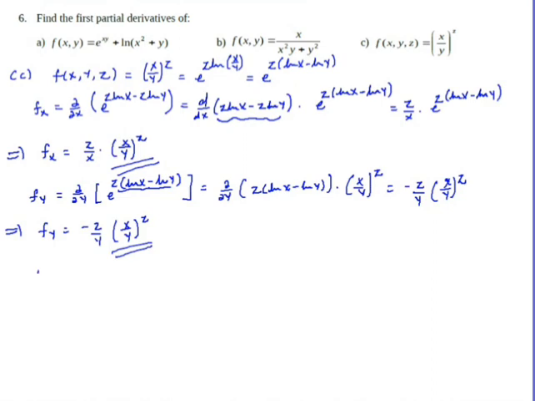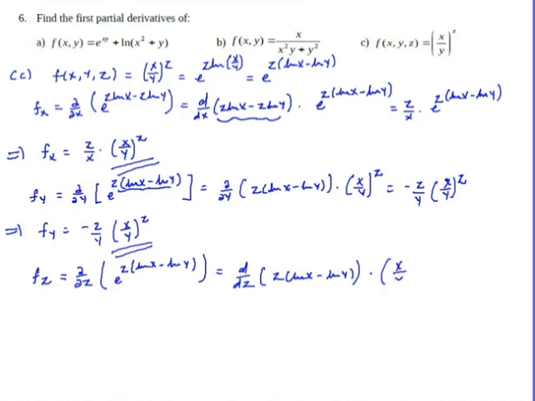The last is fz, the partial derivative of f with respect to z. So we take the partial derivative of e to the power of z times (ln x minus ln y). We take the derivative of the power, that is z times (ln x minus ln y) with respect to z, times the original expression (x over y) the whole z.